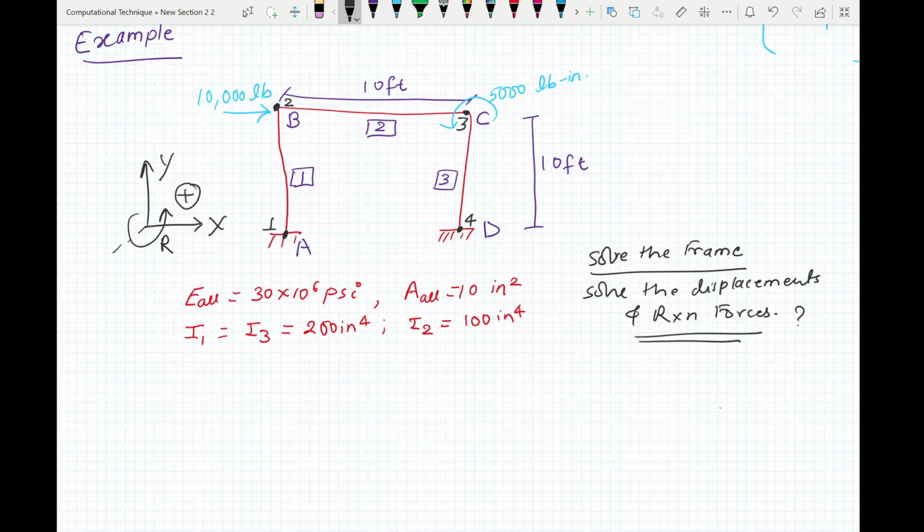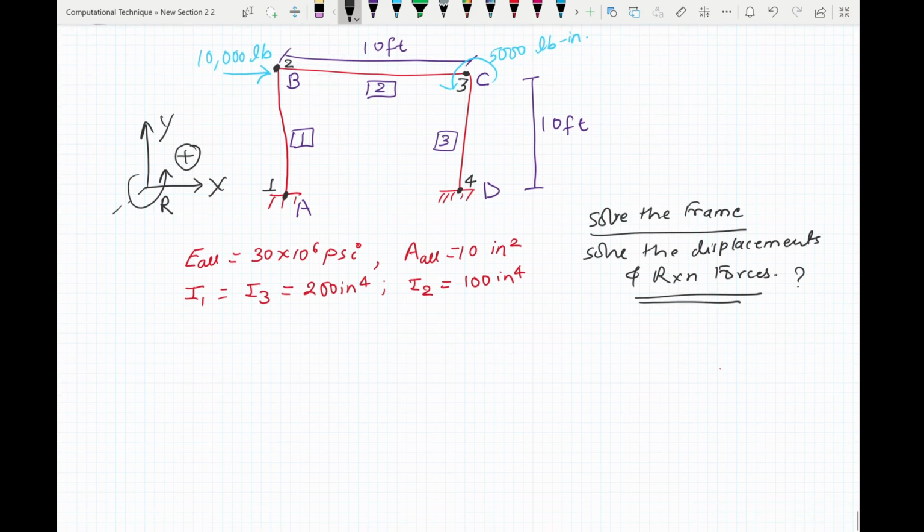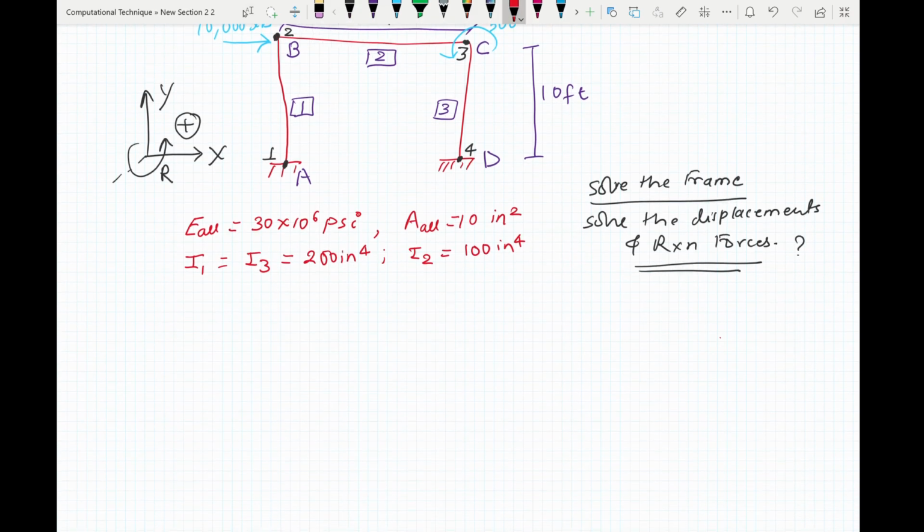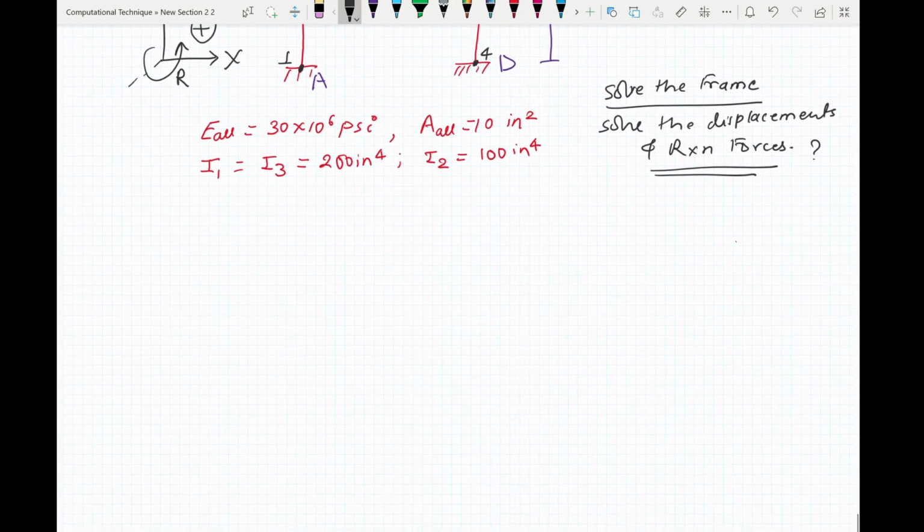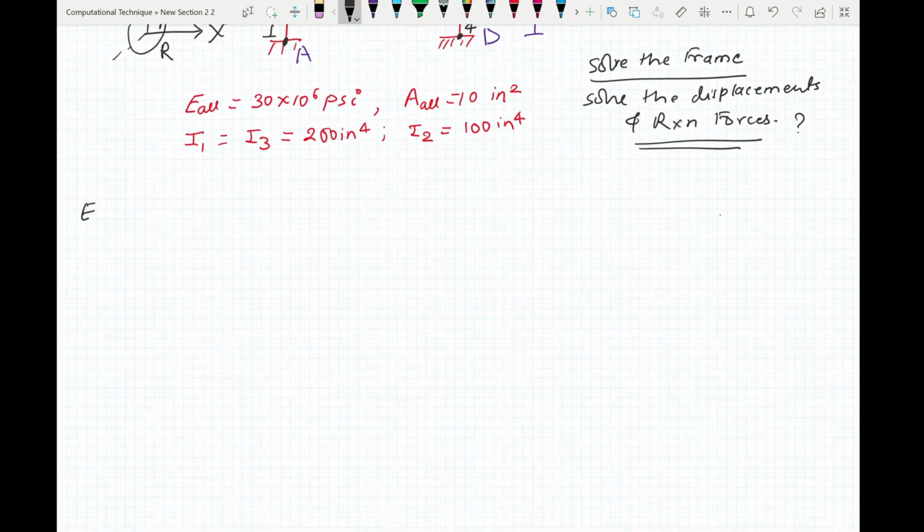At first, what to do is we form a table which will be element, and then we have our angle alpha, and then L equals cos alpha, M equals sin alpha.